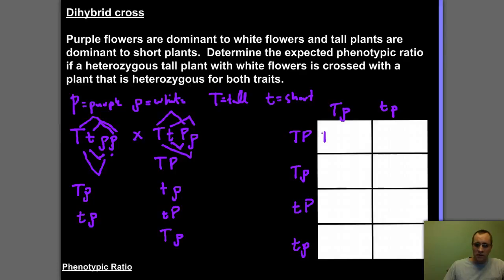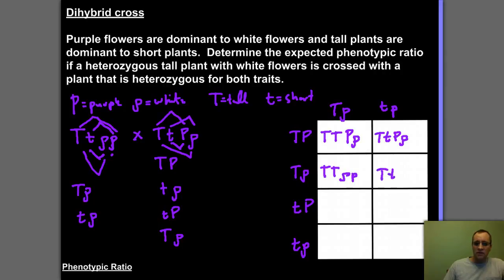So in this case, we're going to get a big T, and a big P, little p. In all of these cases, our offspring should have the same number of letters as what the parents did. Right, so in our possible offspring we have two alleles for height and two alleles for the color of the flower. This one we get big T, big P, little p. This one big T, little p, little p.